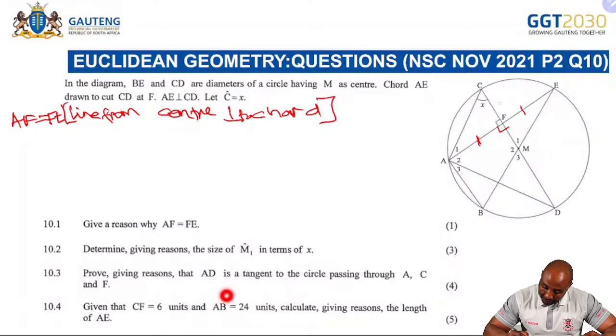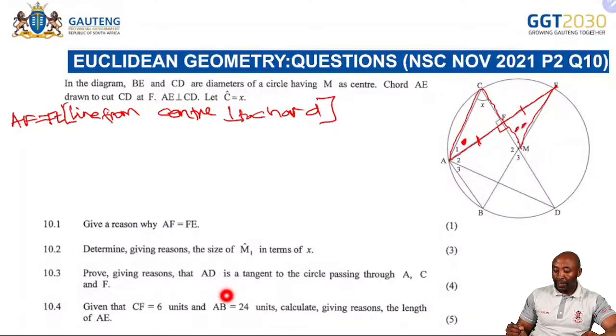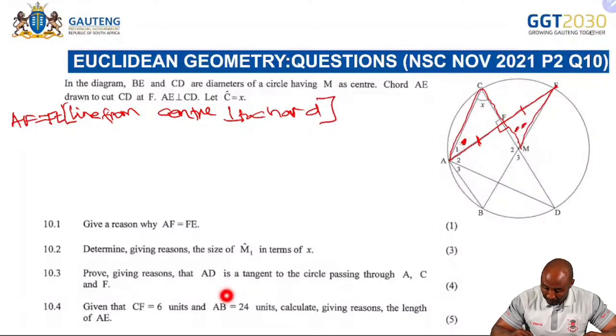If I check, I am able to see that theorem. So I know if I get this angle here, that one becomes twice that angle. So my job is to find the size of angle A1 first before I can get M1.